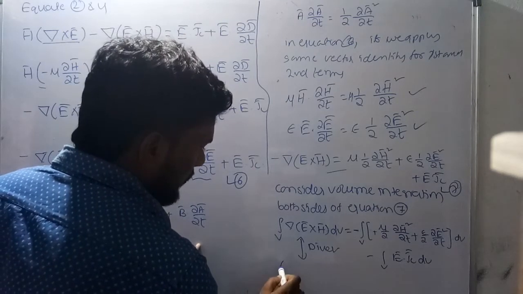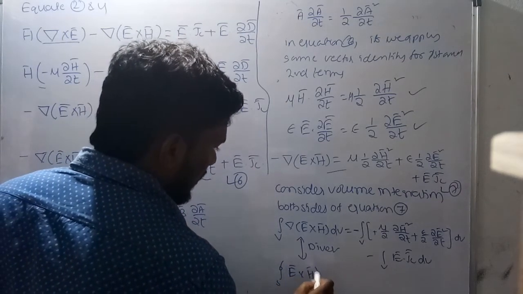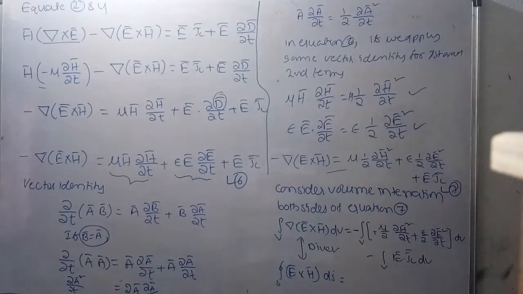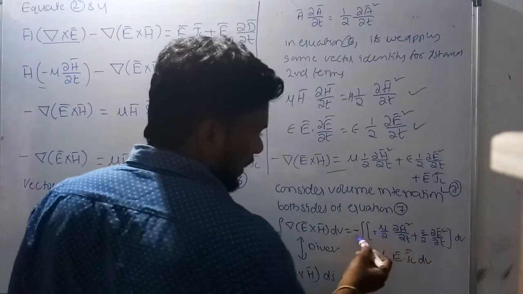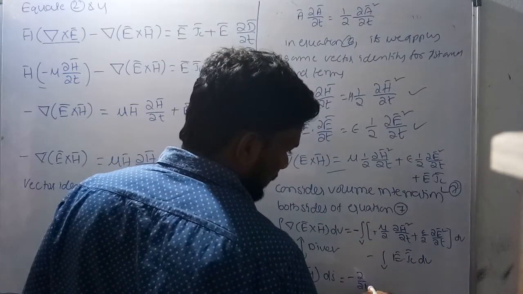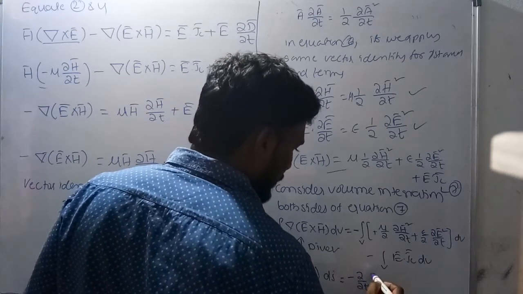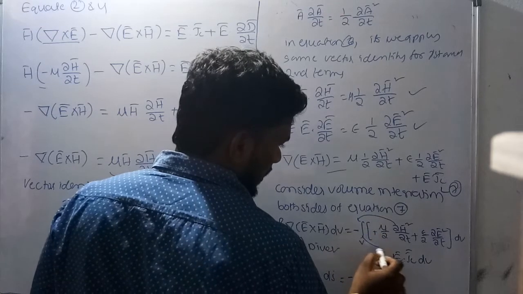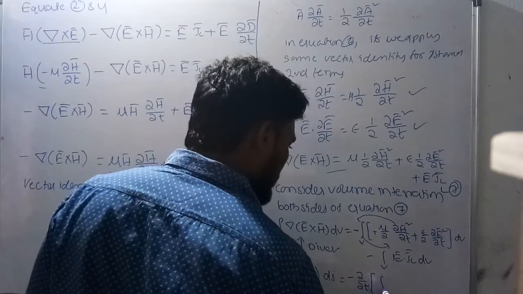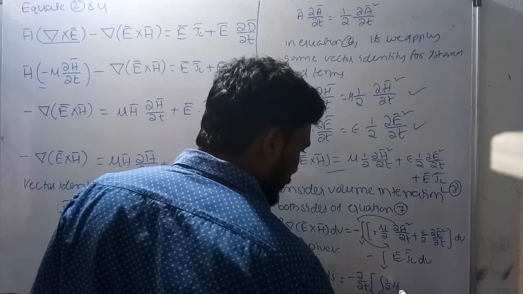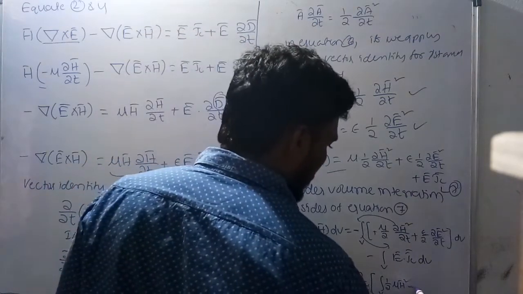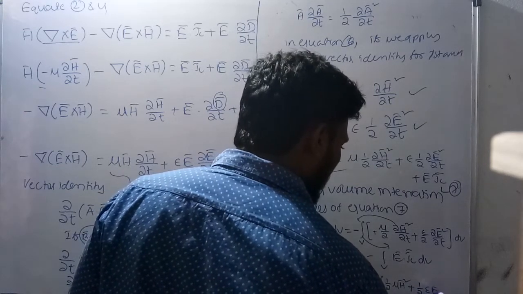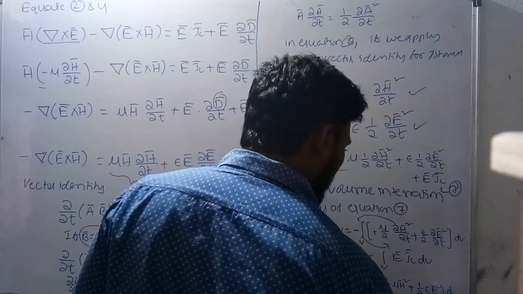So that's why it will become the surface integration of Ē×H̄·dS equals, the entire term should be here, that is, after rearranging the integration and differentiation, it will become minus ∂/∂t of the integration of (1/2 μ H̄² plus 1/2 ε Ē²) with respect to volume.